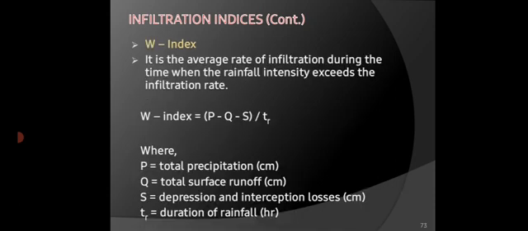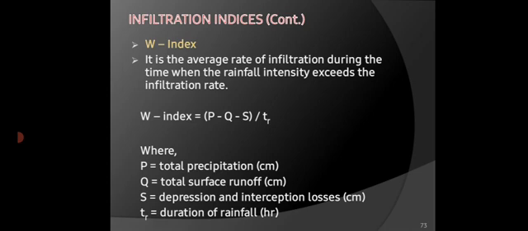W index is the average rate of infiltration during the time when the rainfall intensity exceeds the infiltration rate. So W index is equal to (P minus Q minus S) divided by T, where P is the precipitation in cm, Q is the total surface runoff in centimeter, S is the depression or interception losses in centimeter, and T is the total duration of rainfall.